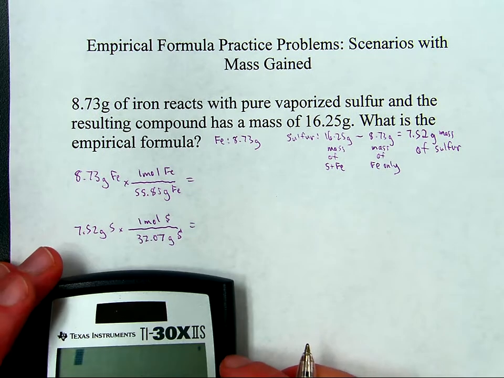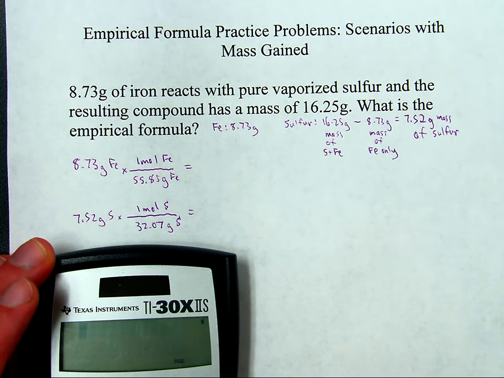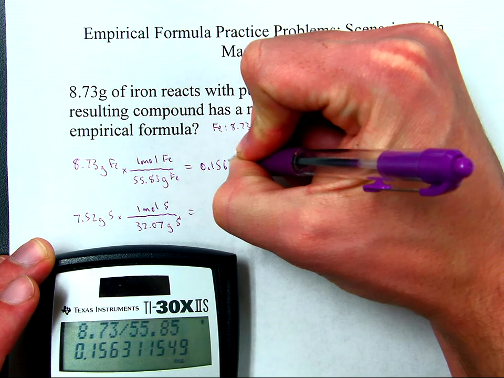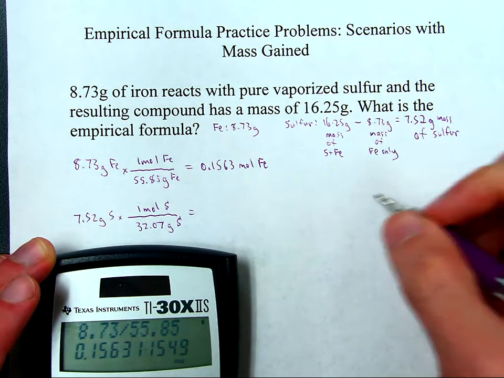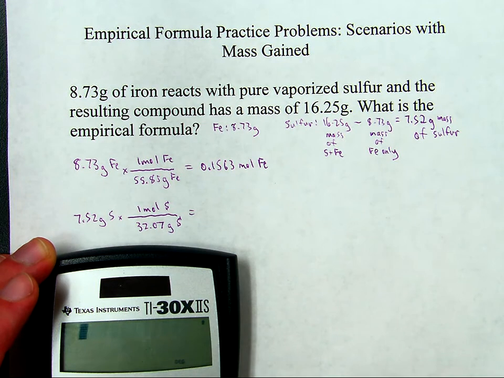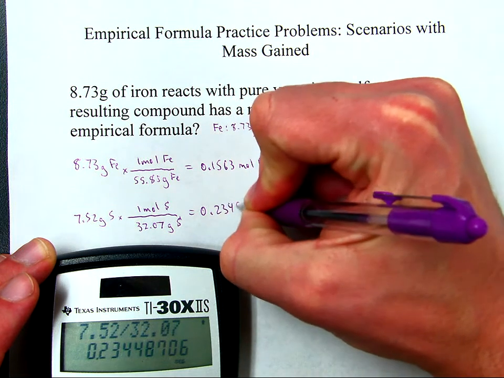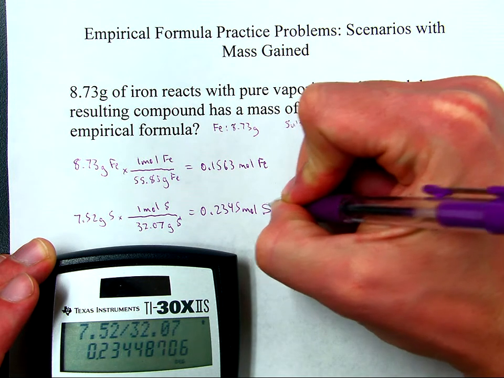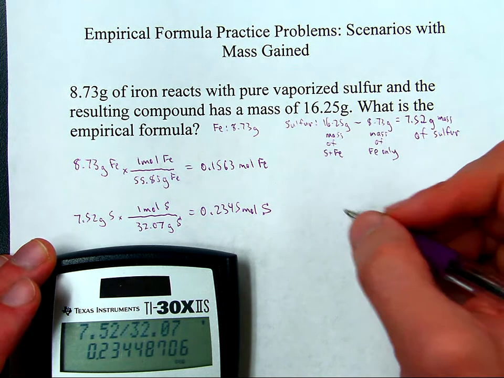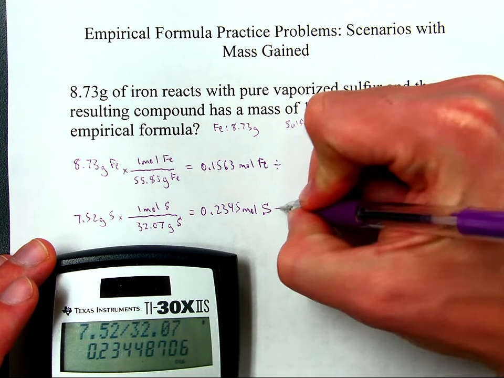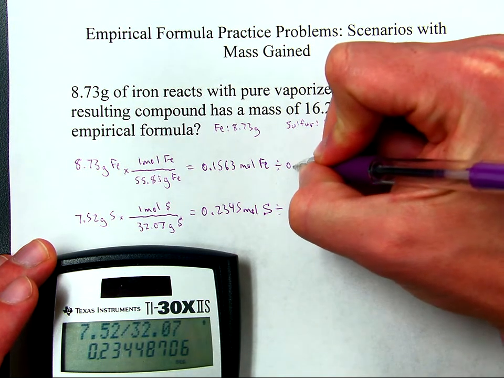So here we go, calculations. Again, significant figures are not particularly important here. I'm taking it out to 4, which is just a matter of convenience, really. Okay, so having now calculated the moles of each element, I'm going to divide by the smaller of the two numbers, so they're both getting divided by this 0.1563.